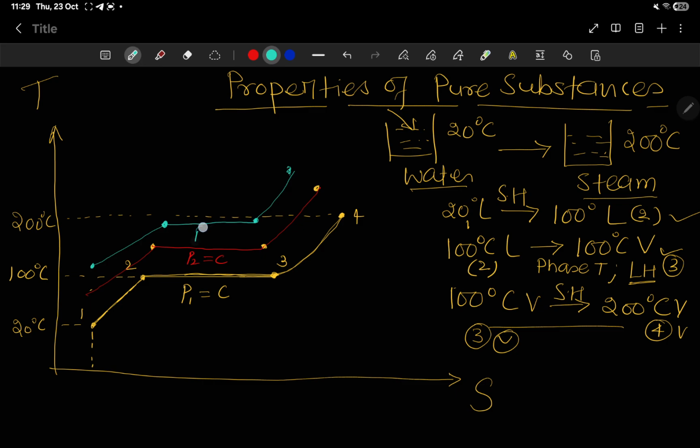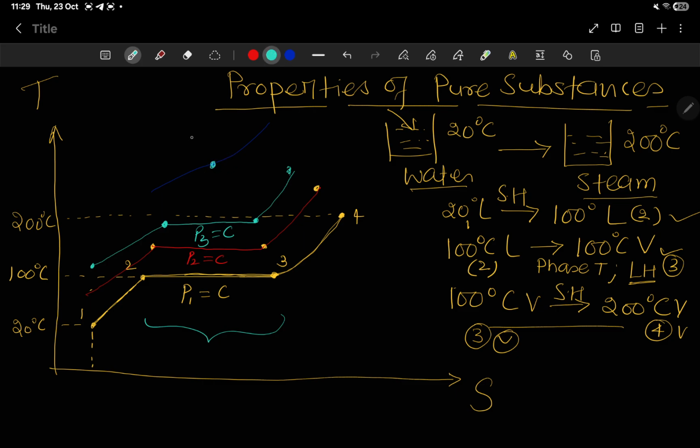Now you can see P3 is constant, right? This is the latent heat. You can see that on increasing the pressure, this region is decreasing, the length of this region is decreasing. So there will be one point where we will get one curve like this.